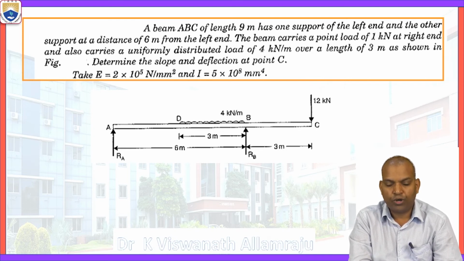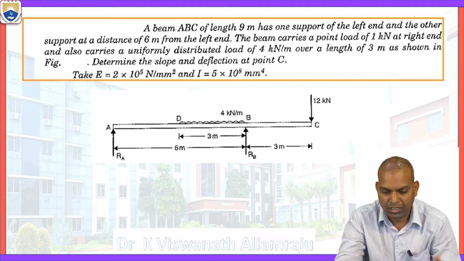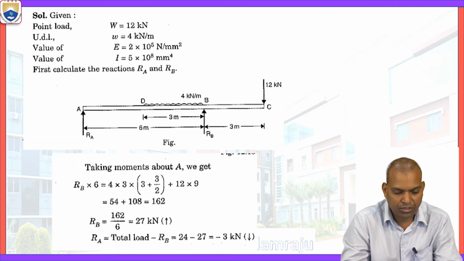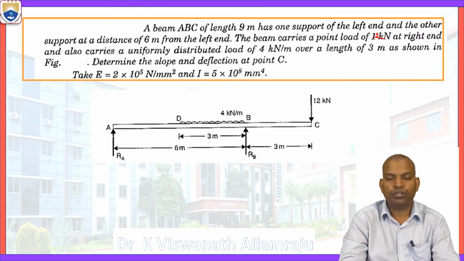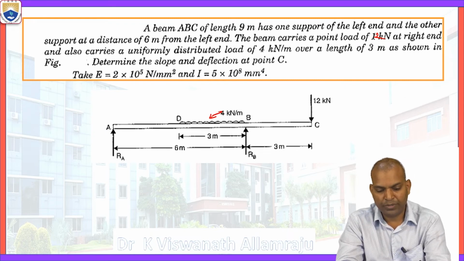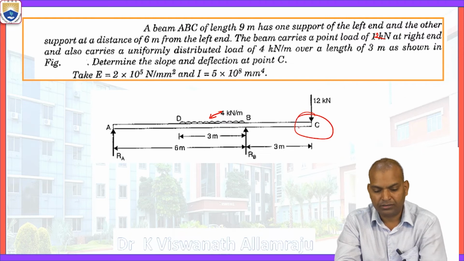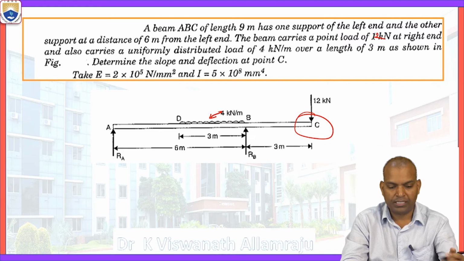The beam carries a point load of 12 kilonewtons at the right end, and also carries a uniformly distributed load of 4 kilonewtons per meter over a length of 3 meters, as shown in the figure. Determine the slope and deflection at point C.